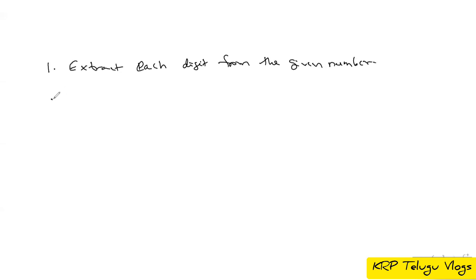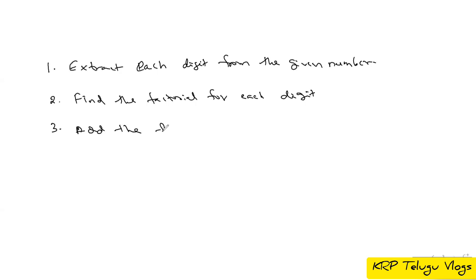Next, what we are doing? Performing factorial for each digit, and then add the factorial value of the digit.